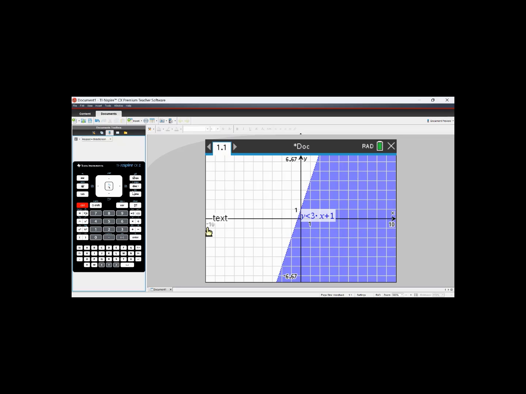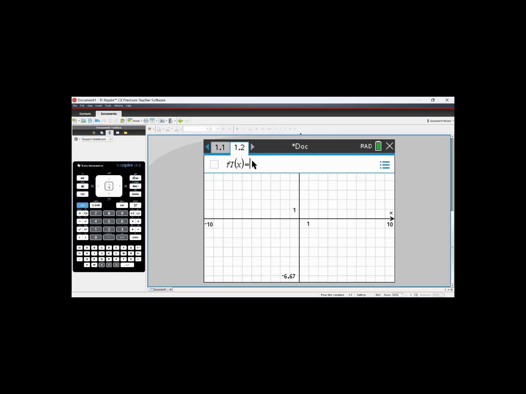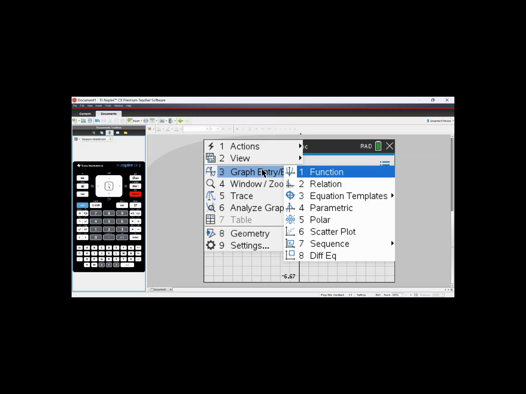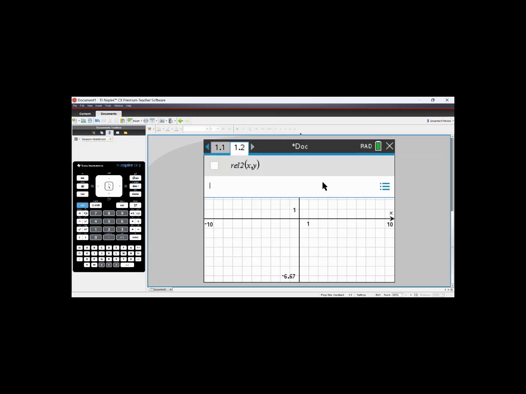Now I also want to add another page. Control Doc, we're going to put another graph page in. And I want to draw your attention, remember, you can also graph the inequality 3x plus 2y less than or equal to 4. You could do the algebra and get the y by itself, or go to Menu, Graph Entry Edit, Relation.